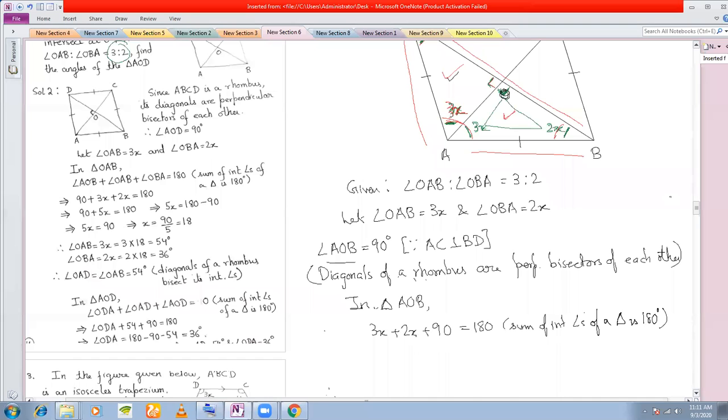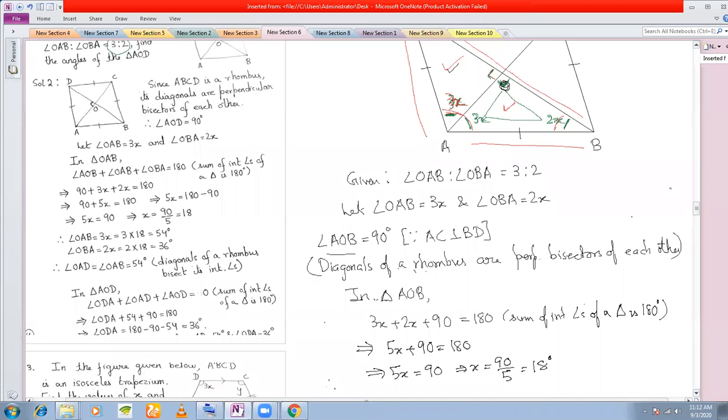Okay, and you solve for x. 5x plus 90 is equal to 180. That means 5x is equal to 90, so x is 18 degrees.